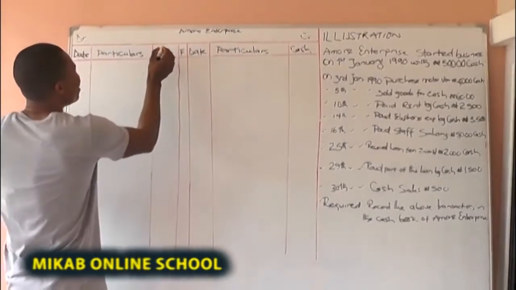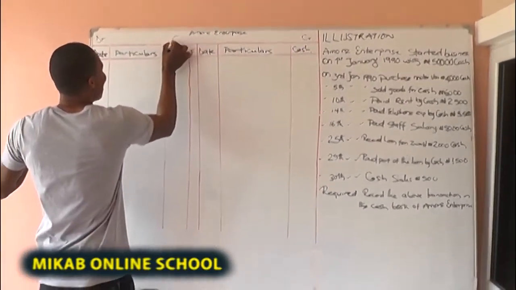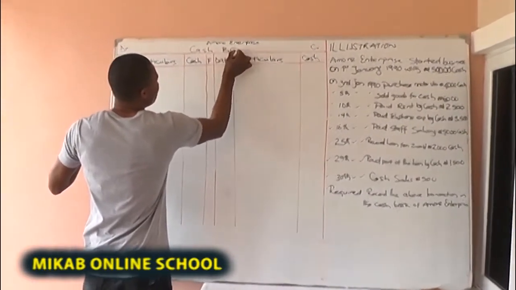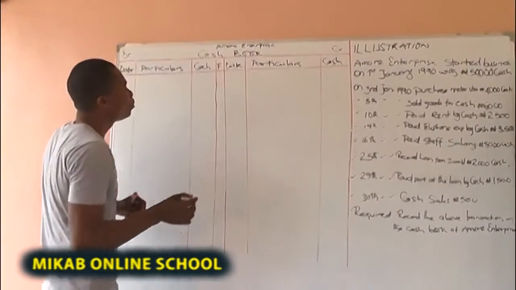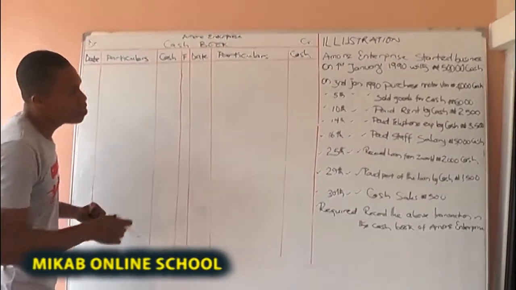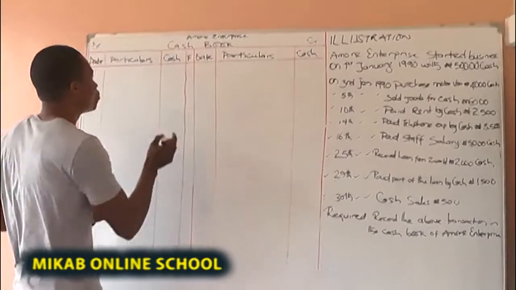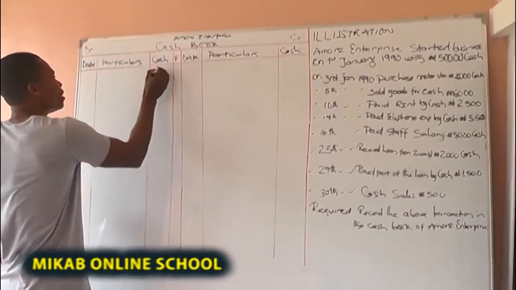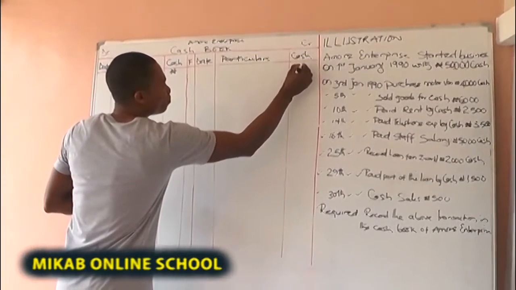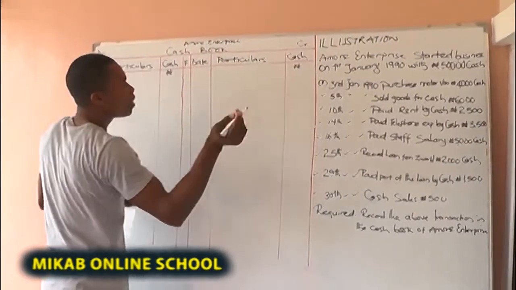The next thing is the title, which is what? Cash book. Don't forget, cash book. It is very important for you to indicate all this. You have written cash. The question is given in Naira. Make sure that you also put the Naira sign here so that it will not be confused for maybe something else.